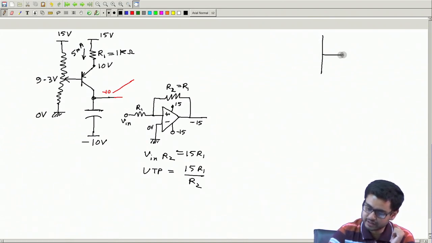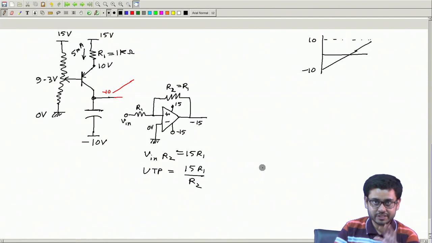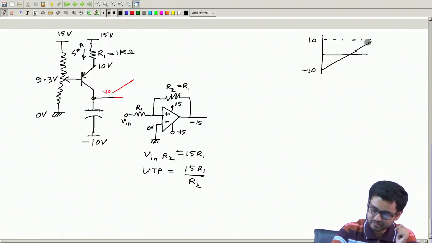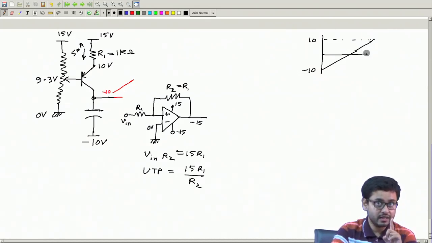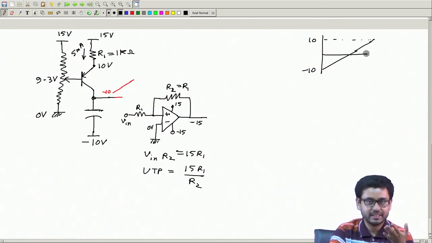But what I want is this. Suppose I want the ramp to vary from minus 10 to plus 10. You just see that I'm actually designing the circuit while I'm talking to you. This is a fact that I want to stress, do not try to memorize anything.